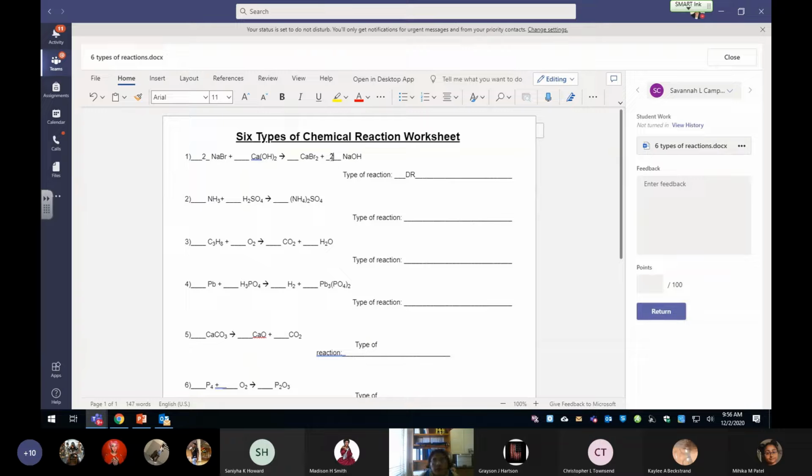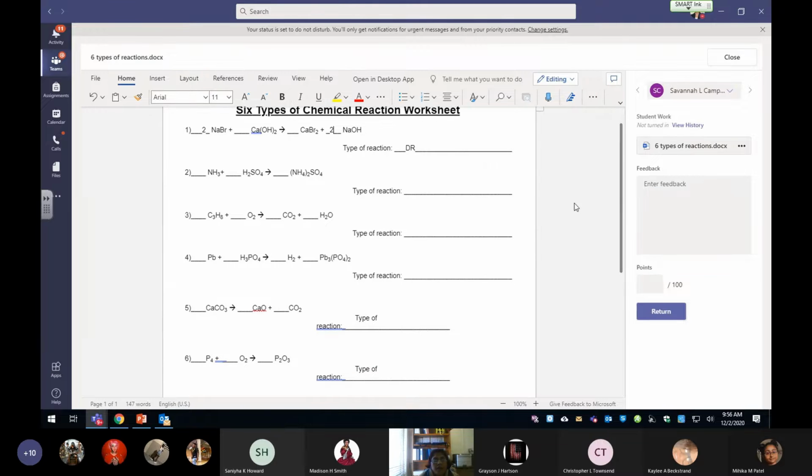Okay. Let's go to the second one. Done, everybody? Yes, ma'am. Okay. Second one. There are 2 compounds and they join up to form a single compound. So what is this kind of reaction called?